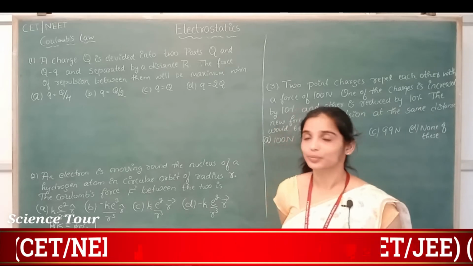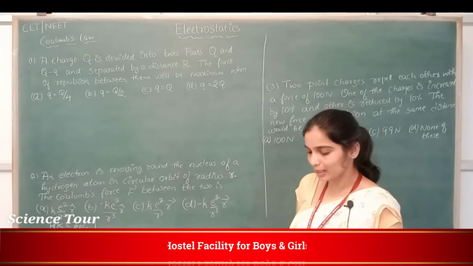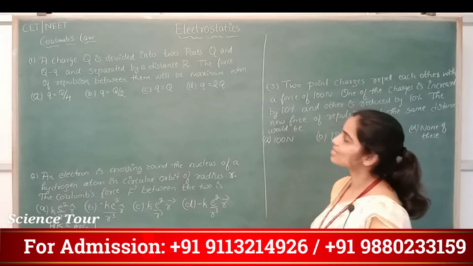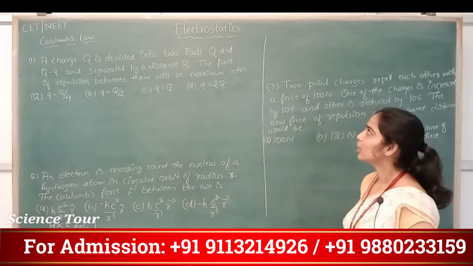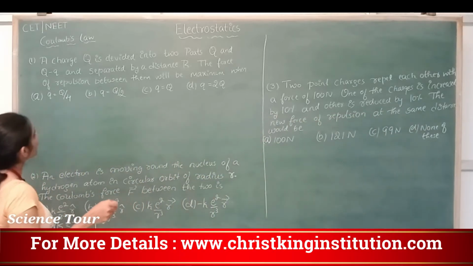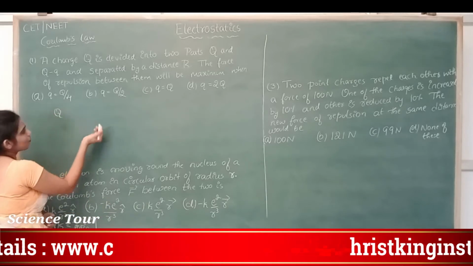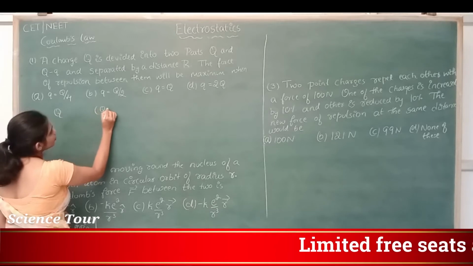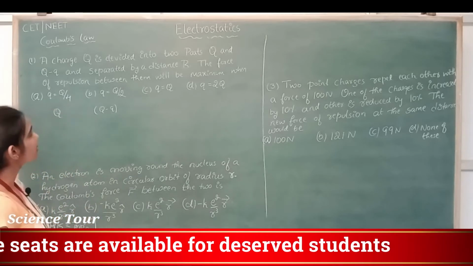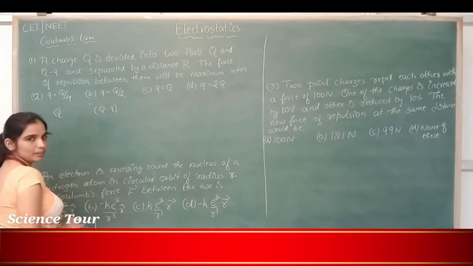A charge Q is divided into two parts. There is one charge Q, and if I break this, it will become two parts, right? Similarly, a charge is divided into two parts: one part will be q, another part will be Q minus q.